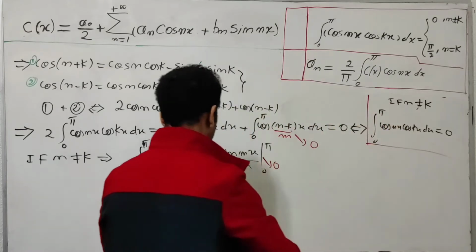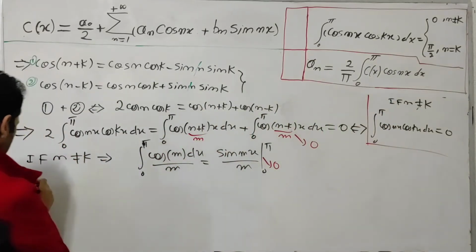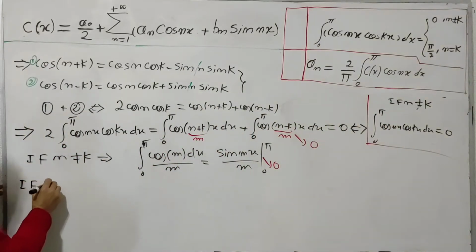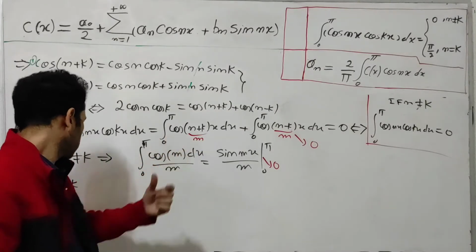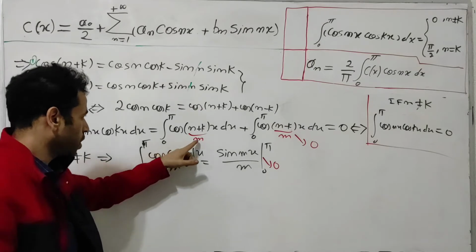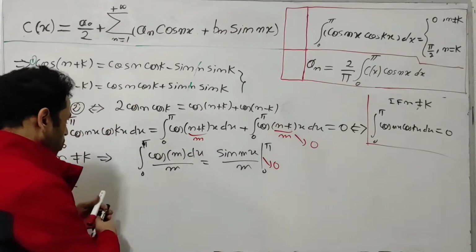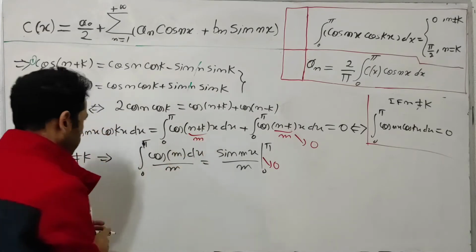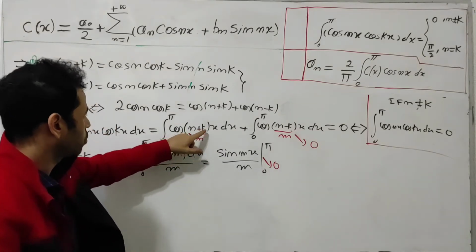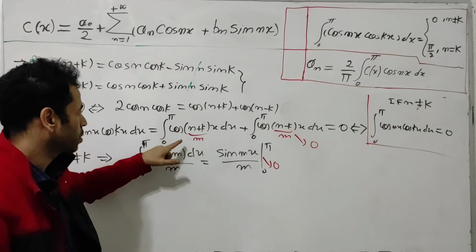So I'm going to do the second case. If n equals k, I will go back to the same expression, so I'm going to replace k with n. For the first integral, it will turn to 0, because I will have cosine of 2nx dx.